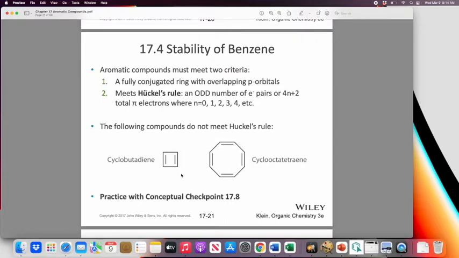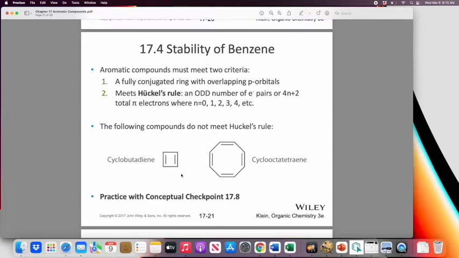Okay? There are some compounds, for example, this one here, cyclobutadiene. This one actually satisfies rule 1. It's got that perfect spacing of those double bonds: double bond, single bond, double bond, single bond.